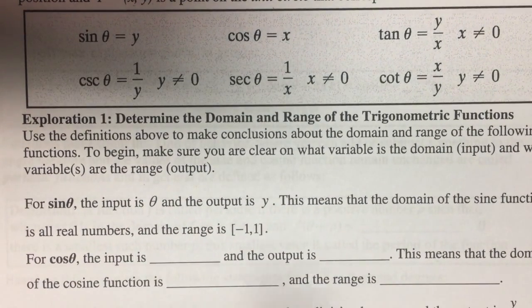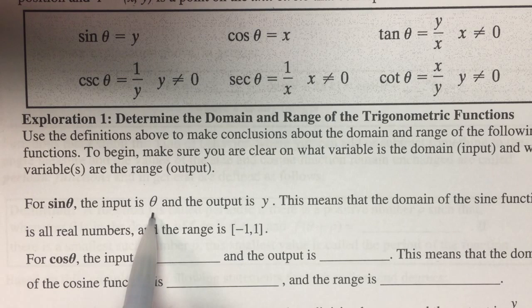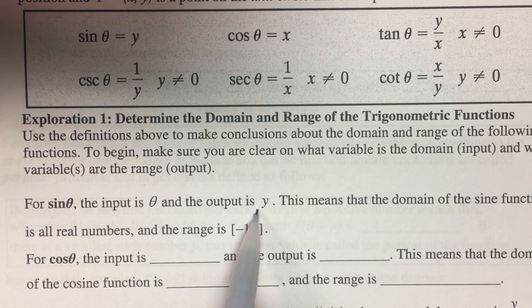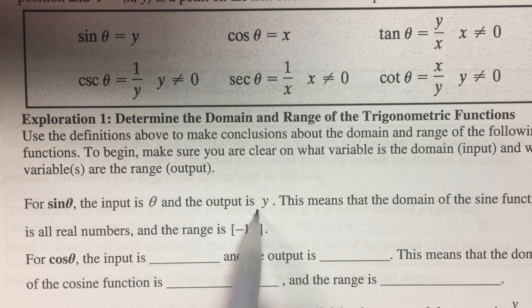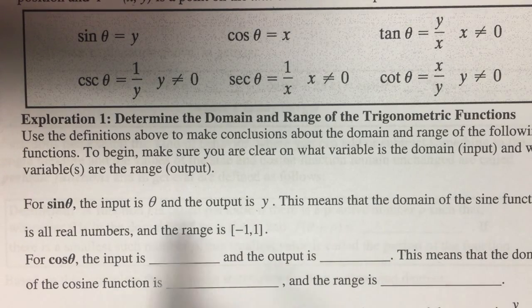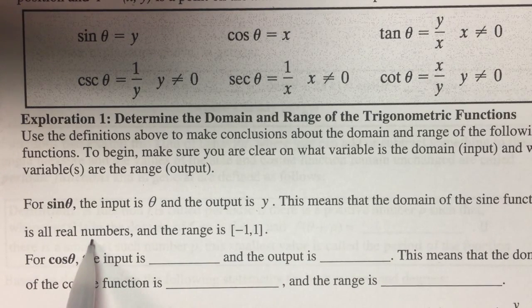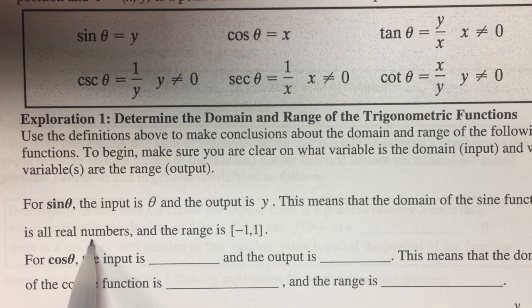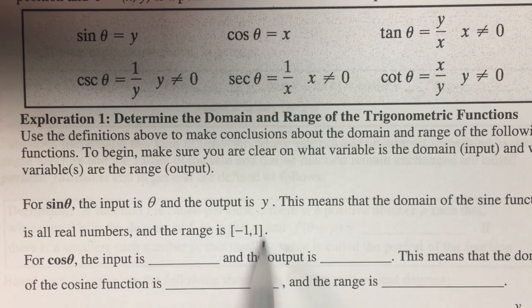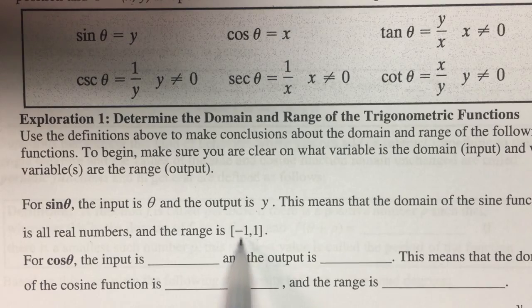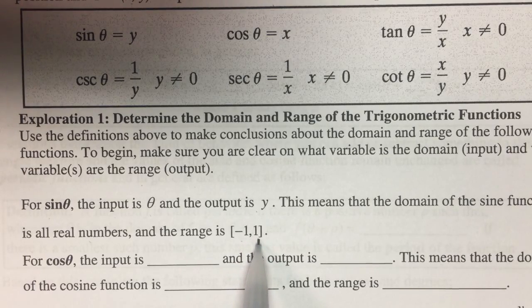So for the sine of theta, the input is theta, your angle, and the output is y, because the y coordinate is the sine of your theta. This means that the domain of the sine function is all real numbers, in other words, any angle, and the range will be from -1 to +1.